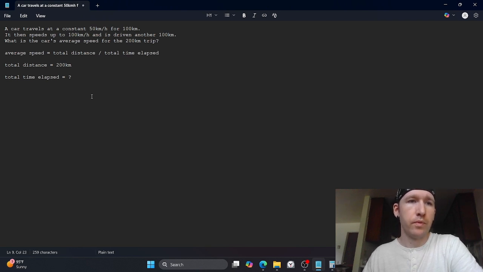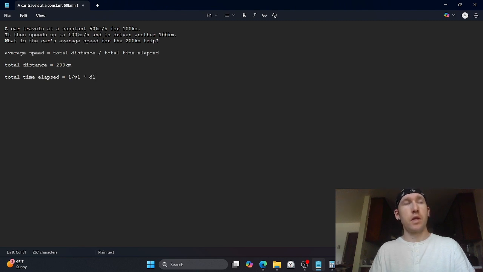Essentially, what we're going to want to do is flip this, so instead of 100 km divided by h, we'll have h divided by 100 km, and then we're going to multiply that by the 100 km. So really, what we're going to do here is take 1 divided by velocity 1, multiply it by distance 1, and then add this to 1 divided by v2 and multiply by d2.